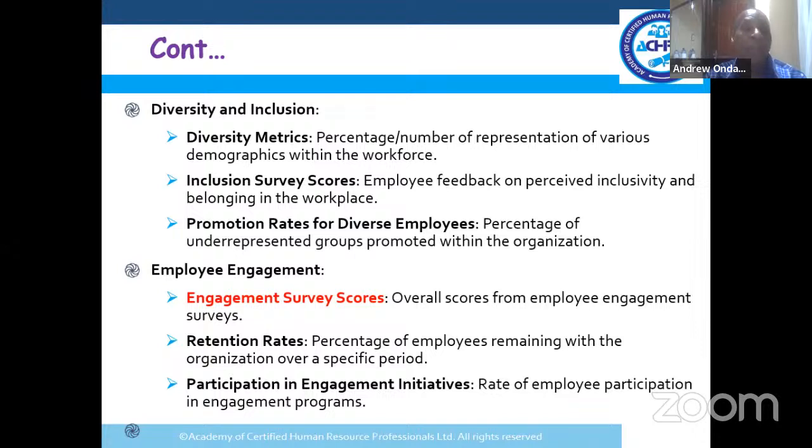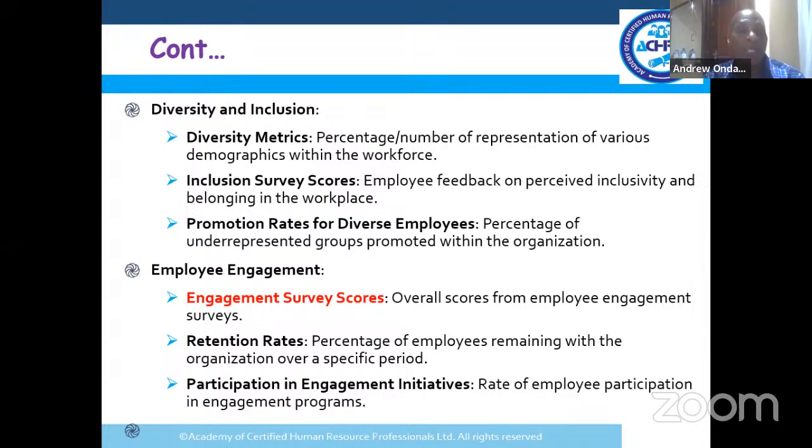And again, there are many ways in which we can engage employees. One is designing jobs in a way that they occupy the employees the whole day. So if the engagement levels are low, some of the reasons could be poor job design, and therefore we redesign the jobs so that employees can be engaged the whole day.